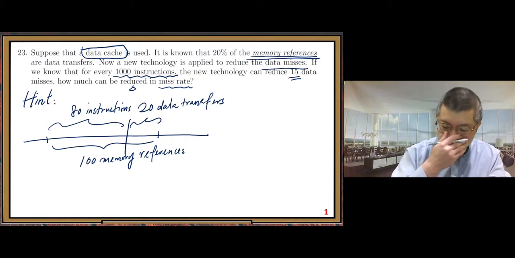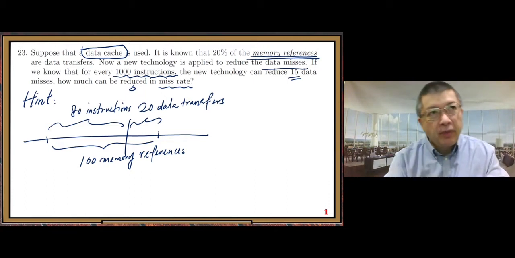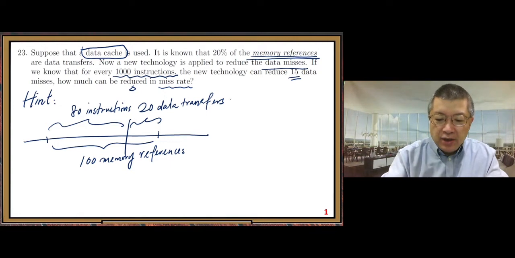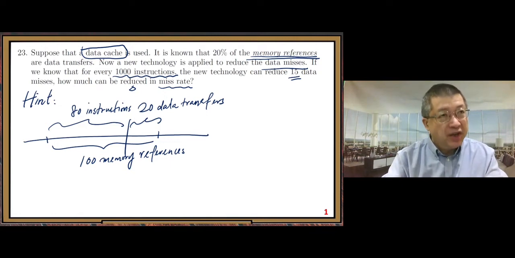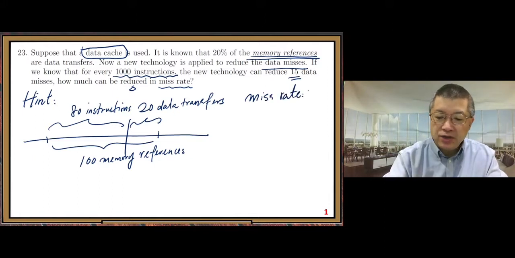All right, so first, we need to consider the miss rate representation for the data cache.